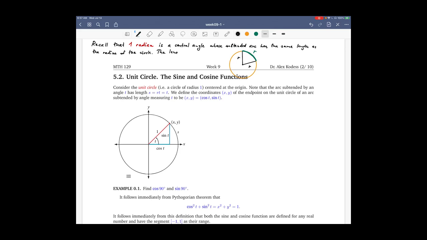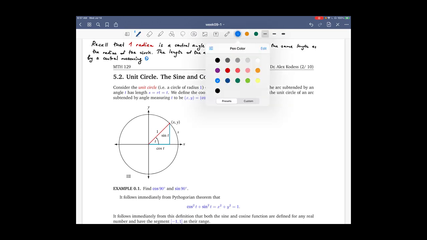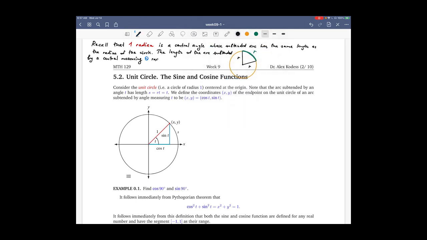The length of the arc subtended by a central angle measuring theta radians is theta times r.